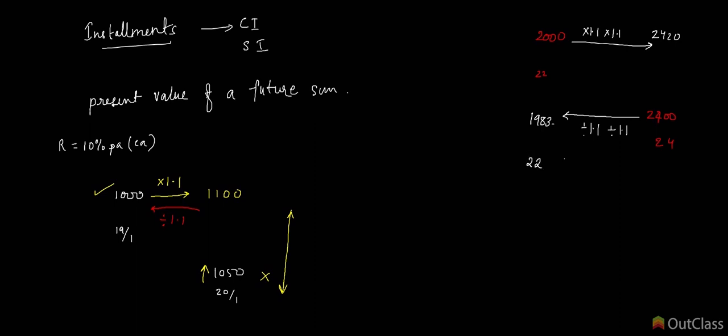Your friend is saying I'll either give you 2,000 now or 2,400 2 years down the line. You would say that the present value of this 2,400 is only 1983 rupees, while the 2,000 upfront would be around 17 bucks more. So I choose this option. So this is basically the present value. That is the idea. So you have to first understand this before we can talk about installments.